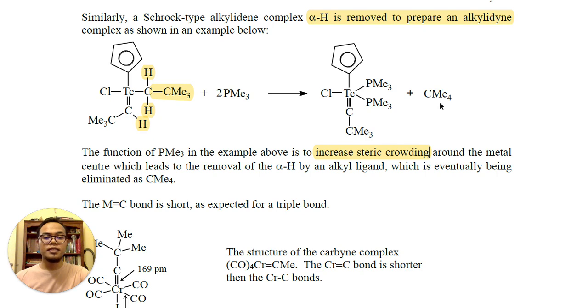So why is this CMe4? Because this is initially CMe3. This CH2 will take one hydrogen from here and form another methyl, CH3. So 3 plus 1 methyl, you get 4 methyl, CMe4. From the structure here, you can get your alkylidyne complex.